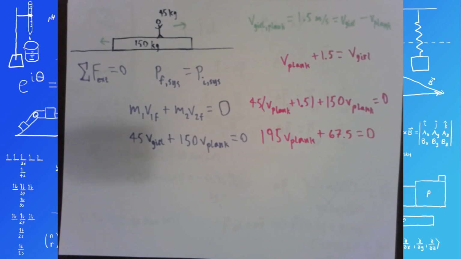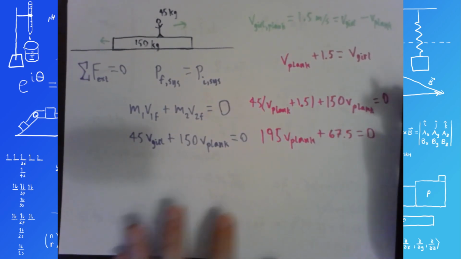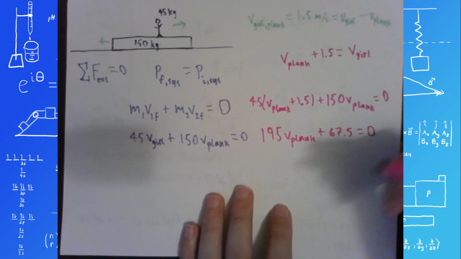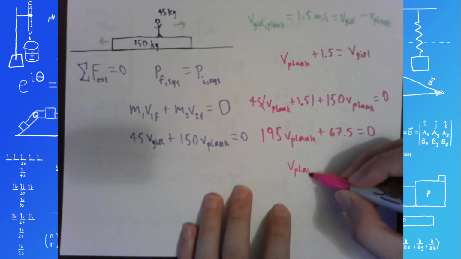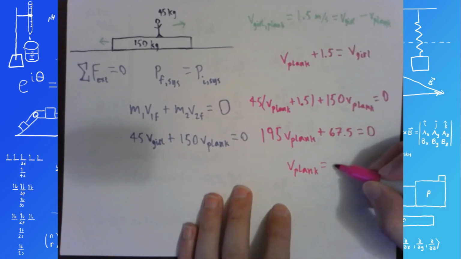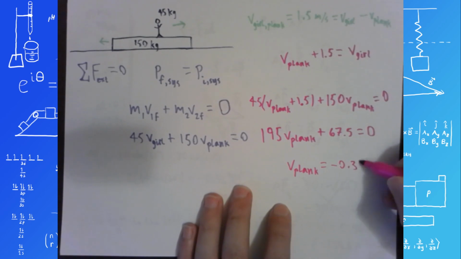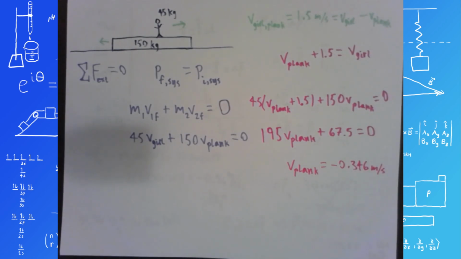Subtract 67.5 and divide by 195. Negative 67.5 over 195 is negative 0.346. I guess I'll keep 3 decimals this time. V plank relative to the ice is negative 0.346 meters per second.